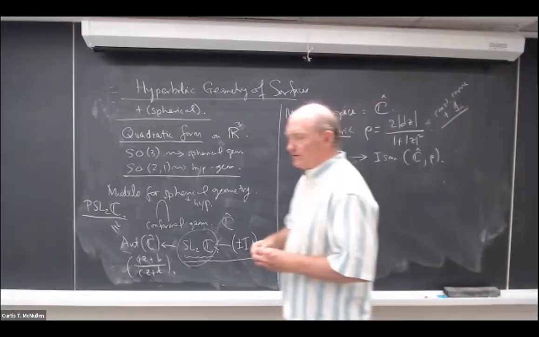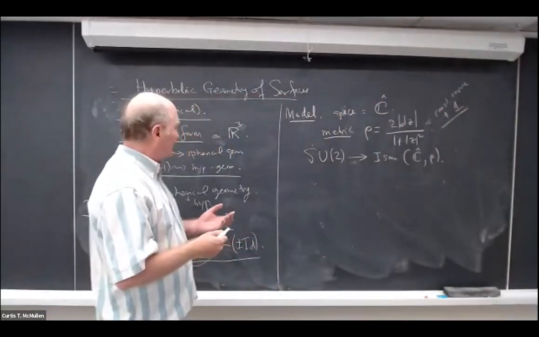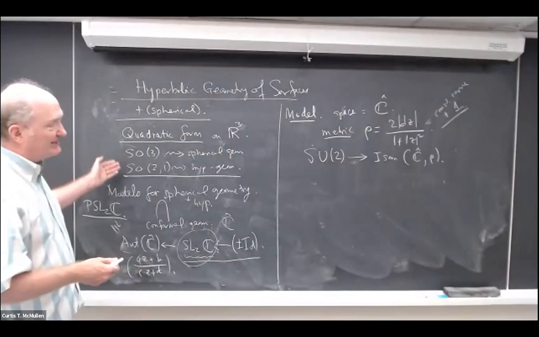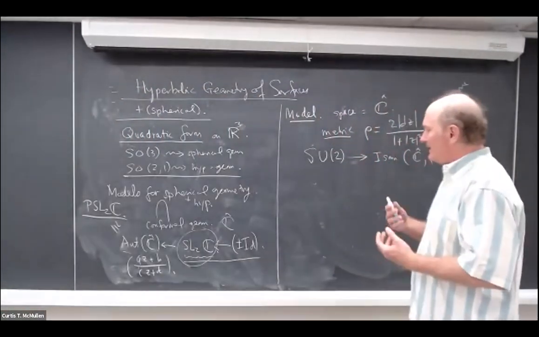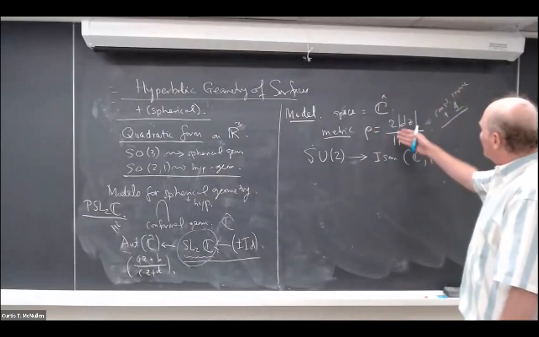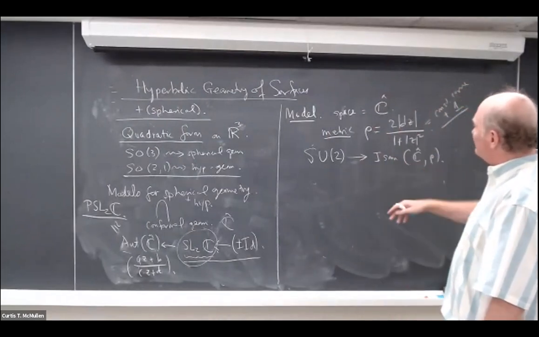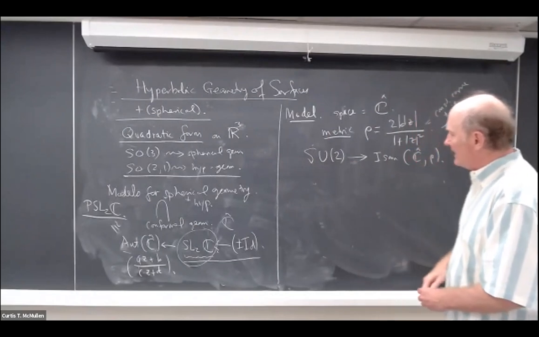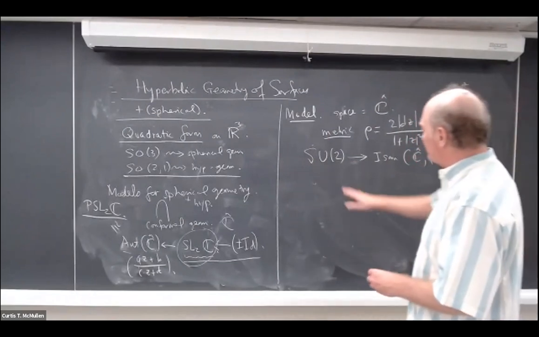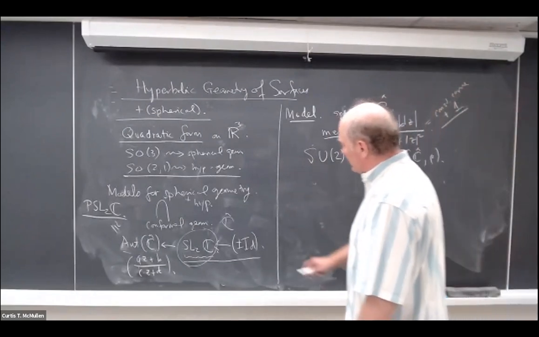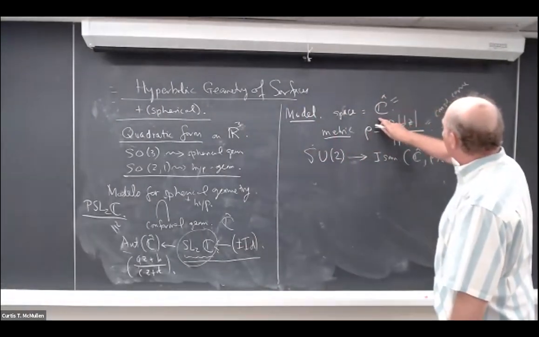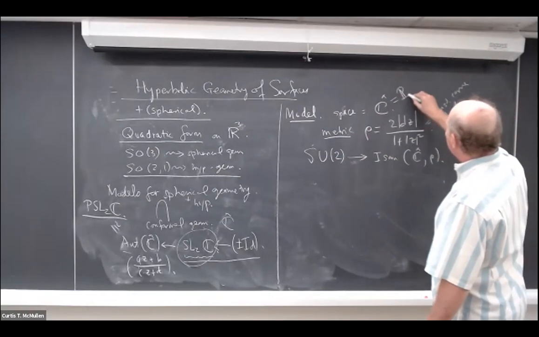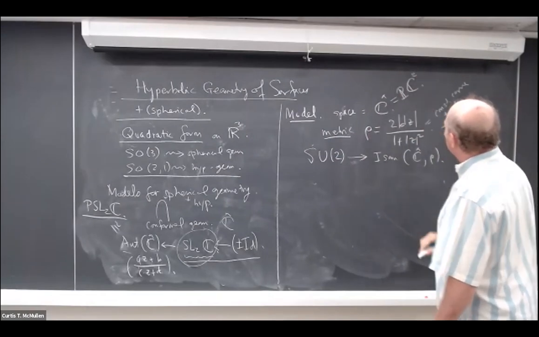Now, what is SU2? SU2 is just like the orthogonal groups we've been considering, but in the Hermitian case, rather than in the real case. It has to do with Hermitian inner products on complex vector spaces. And to see the connection, note that we can regard the Riemann sphere as the projectivization of C2.